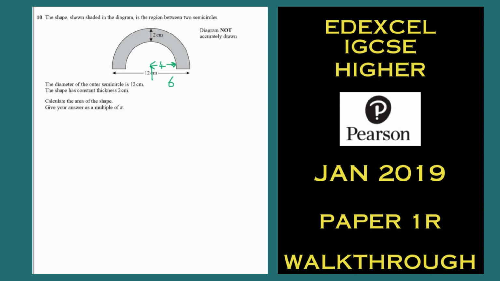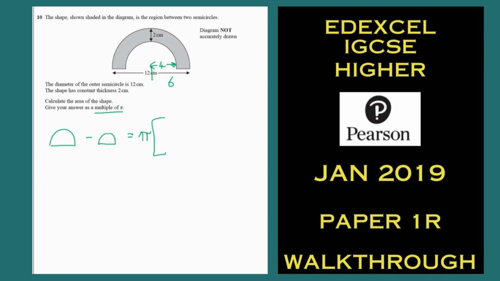And now we treat it like a semicircle minus a semicircle. That's all we do. The area of the shape will be the large semicircle minus the small semicircle.